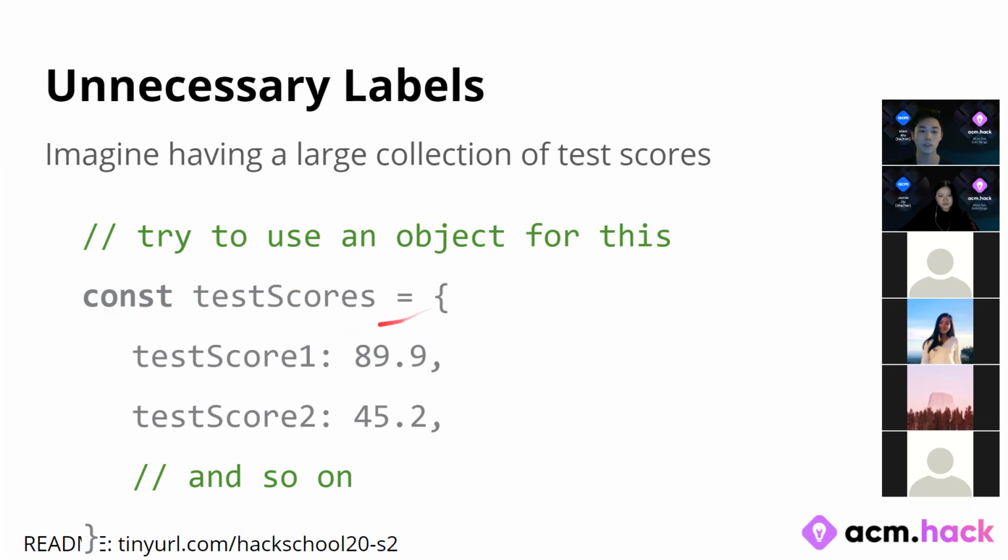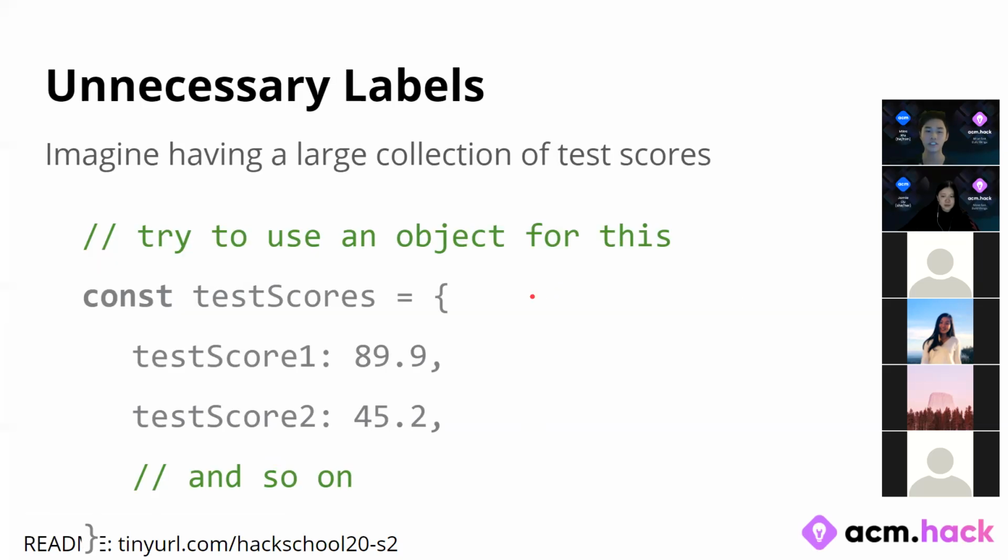An example would be if I had a bunch of test scores I wanted to store. If I tried to do it with an object, I would have to label each test score with some arbitrary name that I don't actually care about. So I could do test score 1, test score 2, and if I had 100 of these, I would have test score all the way to test score 100.